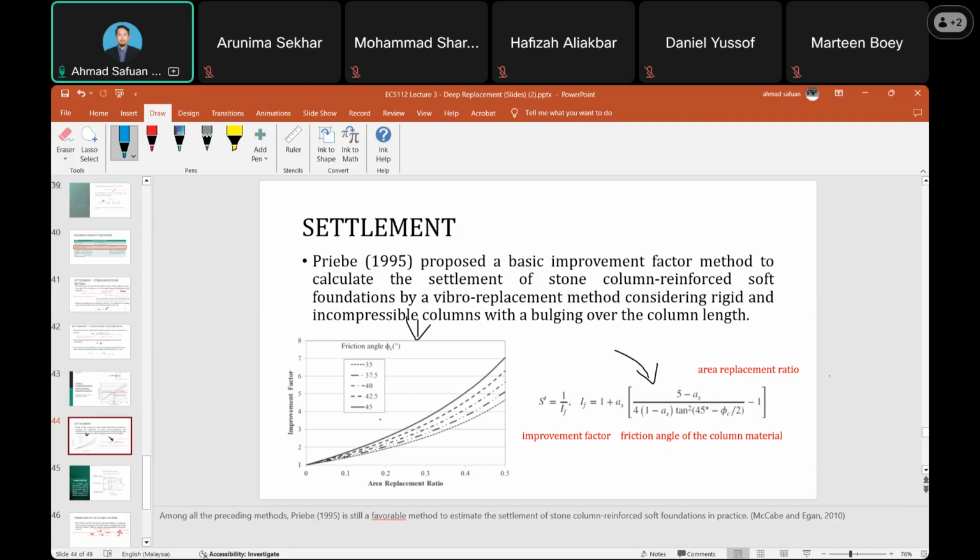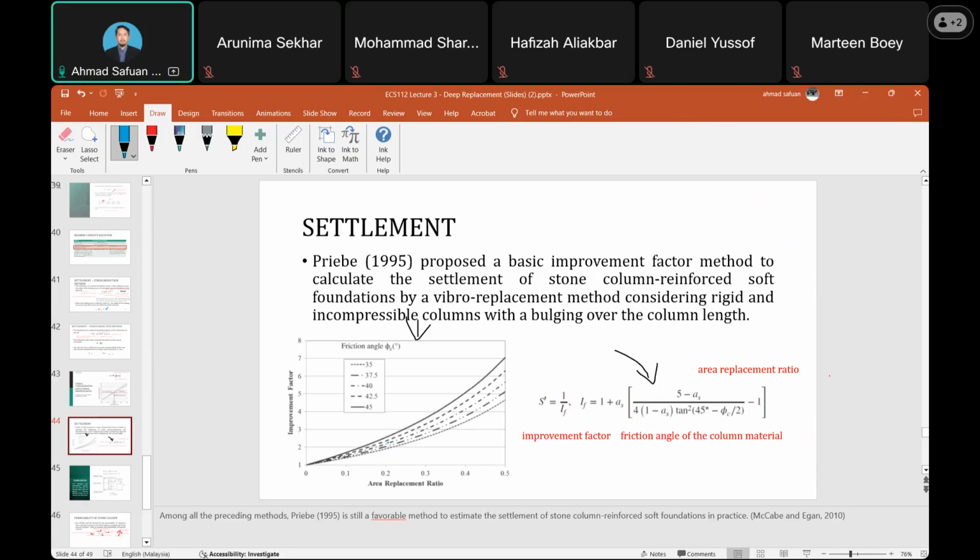So, for example, we have several lines based on the friction angle. Let's say our area replacement ratio is 20%.